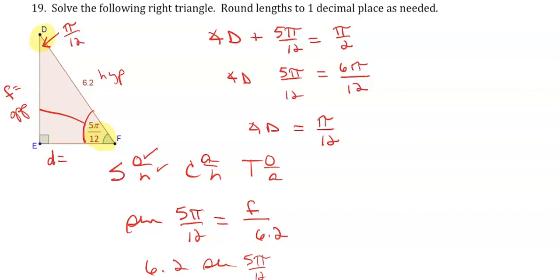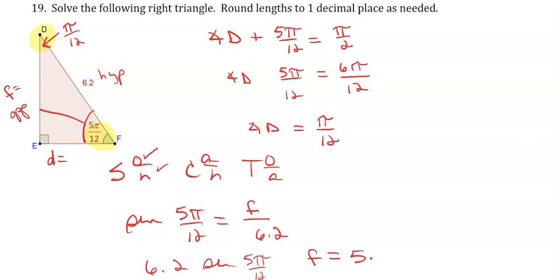So I'm going into radians now. Second quit. So then I'm going to say, okay, 6.2 times the sine, and I'm going to use my alpha y equals key, and I'm going to say that that is 5 pi over 12, close the parentheses, and I am getting that little side F is 5.98.